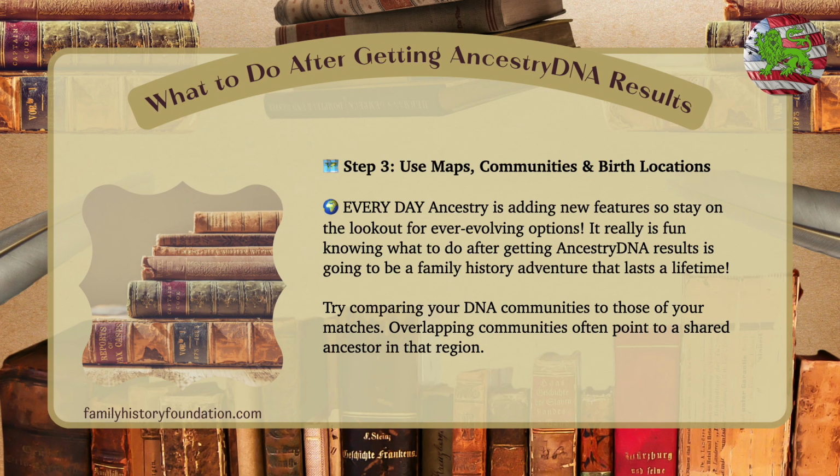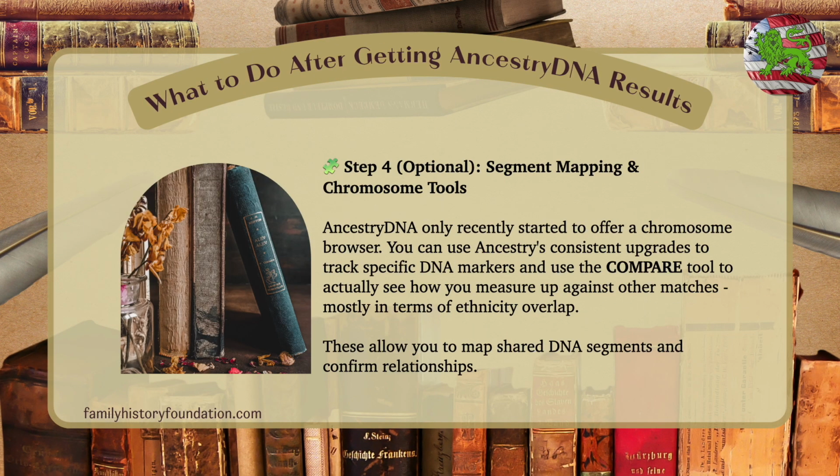So step 4, which is kind of optional: segment mapping and chromosome tools. Now, usually, I think Family Tree DNA is the best place to go if you actually want to look at your chromosomes, your DNA strand that tells you how genetics are encoded.